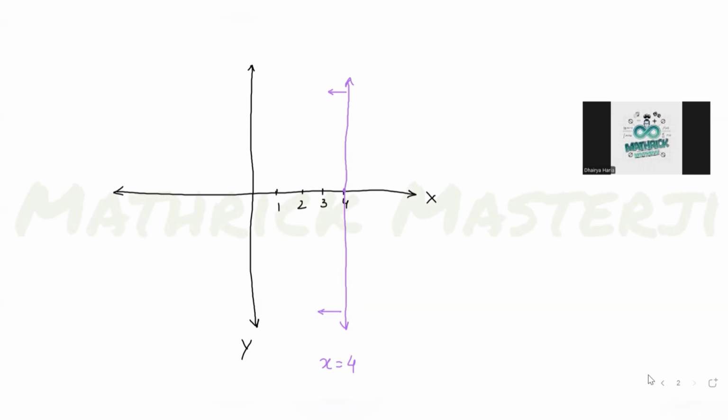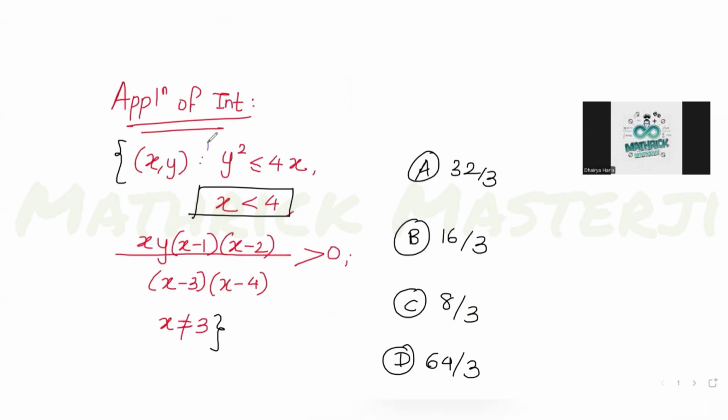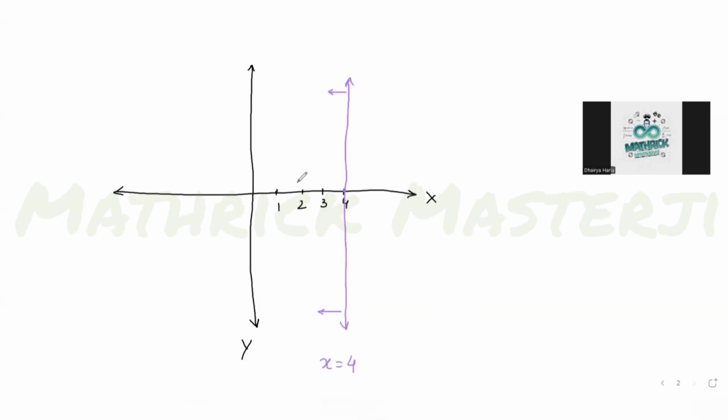Now, one more region is given: y squared is less than or equal to 4x. If I plot y squared equals 4x, that is basically a parabola that we know already. When it's a parabola and a straight line, they would intersect each other, so we need to find the intersection points.